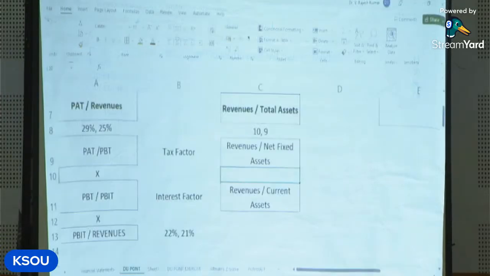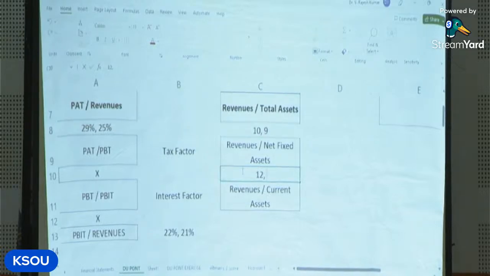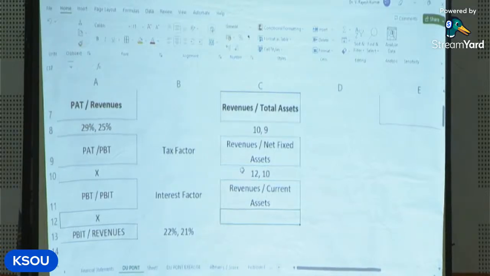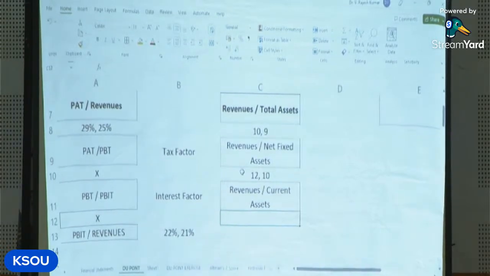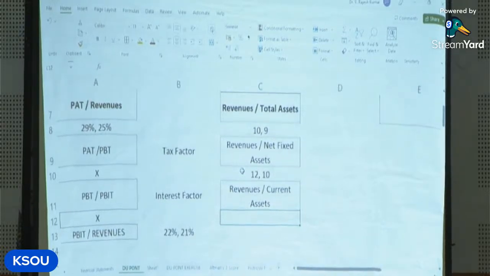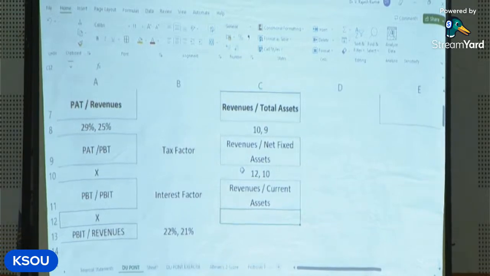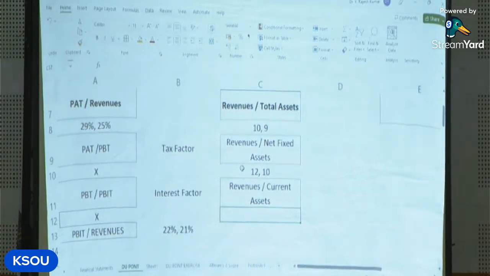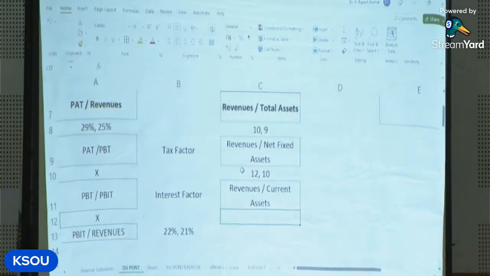Okay. Now let's say last year this was 12. This year, 10. What's your interpretation? Last year, 1 rupee of fixed asset generated a revenue of 12 rupees, this year 10 rupees. What's your inference? Saying there is a decline in efficiency of fixed assets will not be correct, because we can't blame fixed assets for everything.